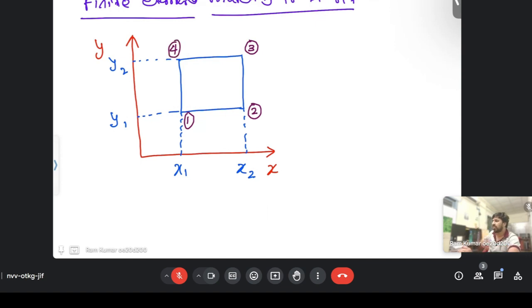It has 4 nodes, and each node has 3 degrees of freedom. Okay, which ones?